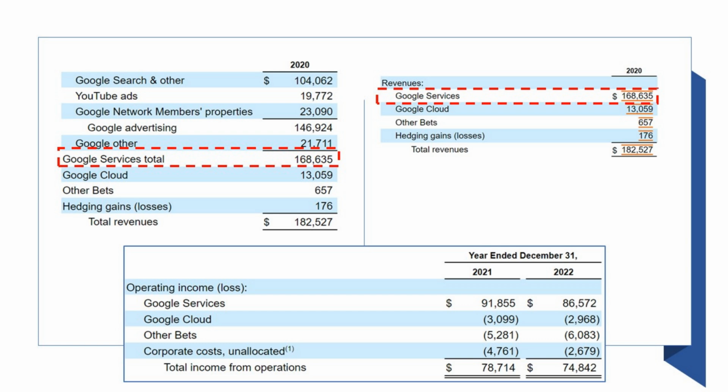There you can see how Google Services is pretty much funding the Google Cloud and Other Bets, of course. That's a lot of money they're sinking into Other Bets when you look at the minimal revenues that they're realizing. And this example here is from 2020 along the top, and other bets have now increased to just over $1 billion. But this shows how, by digging into the financials, you can see the profitability for each of these segments reflected.